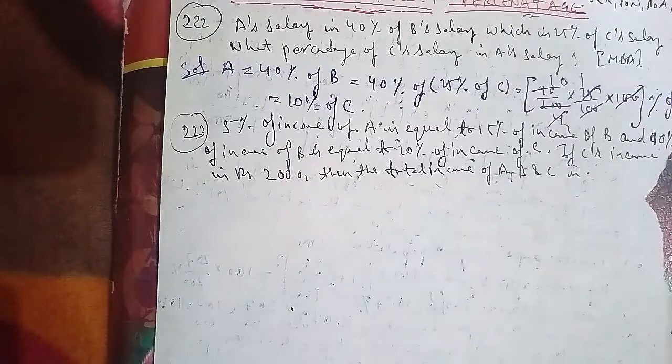As I told you, the options here are 6,000, 14,000, 18,000, 20,000. So we go ahead for the same.